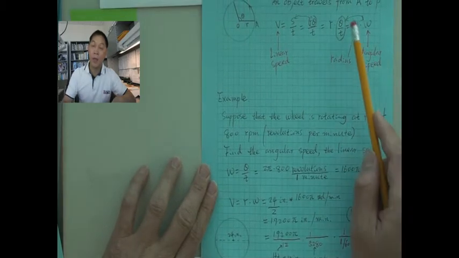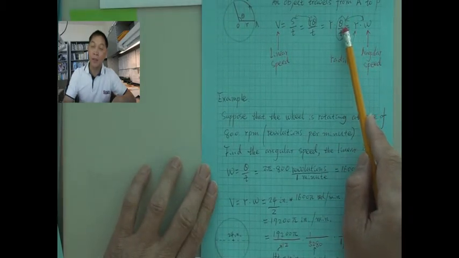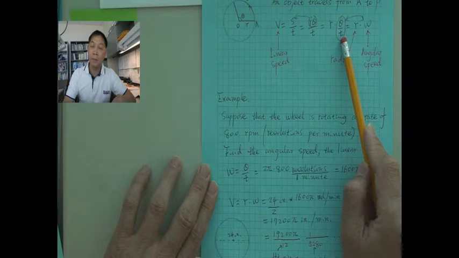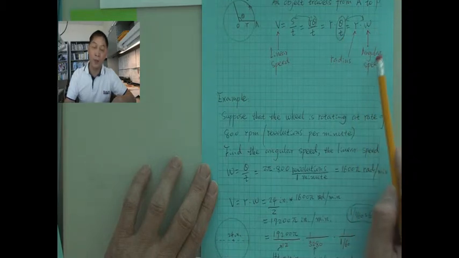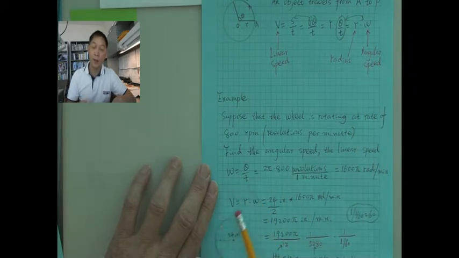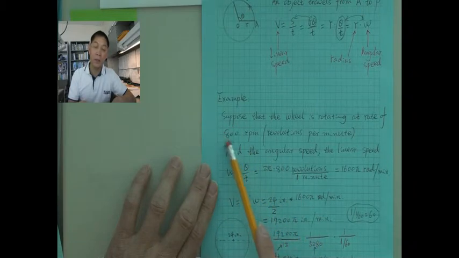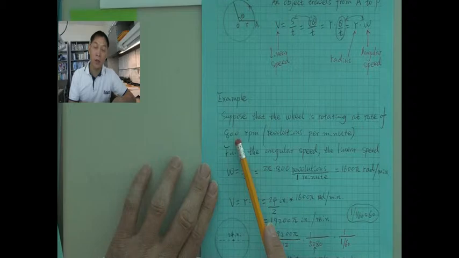We know the amount of angle divided by the time is the angular speed. Here we have 800 revolutions per minute. So for 1 minute it rotates 800 circles, or revolutions.